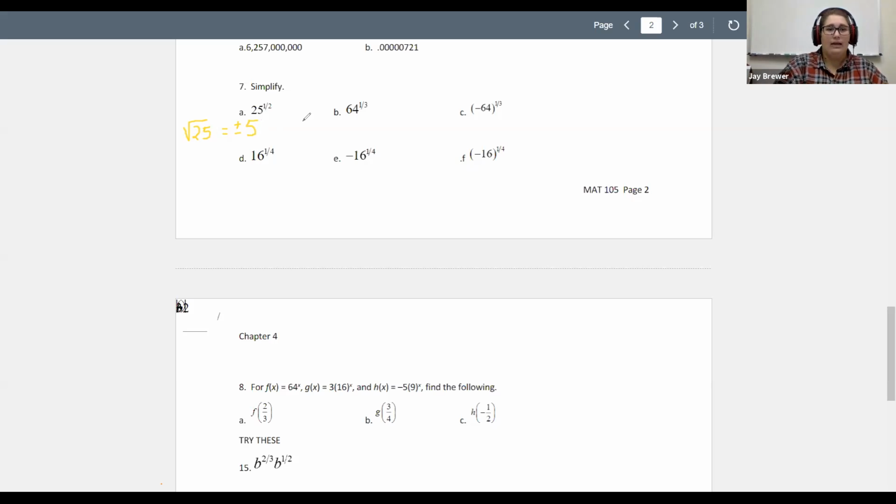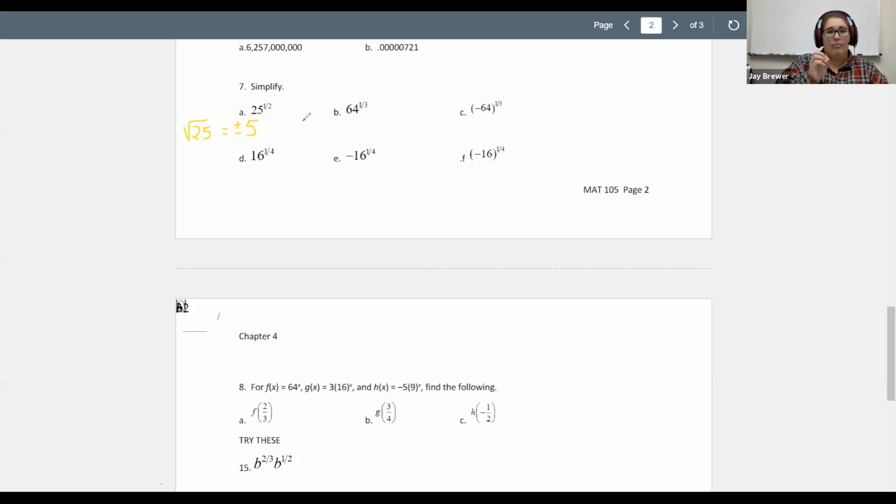This is the one spot where Pearson is a little bit nicer than Mr. J. If you take an exam for Mr. J and not for Pearson, and you only give me 5, I will let you go the first time, but if I see it repeatedly, eventually I'm going to start taking points off, because square roots, even roots are a plus or minus. Odd roots, the sign is very important.